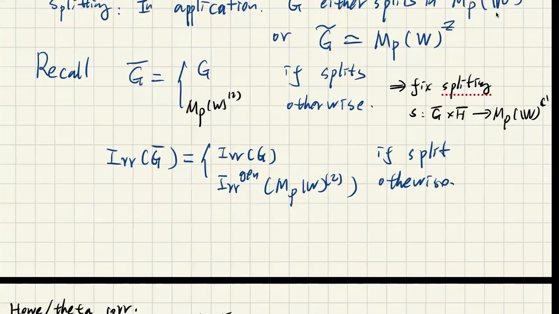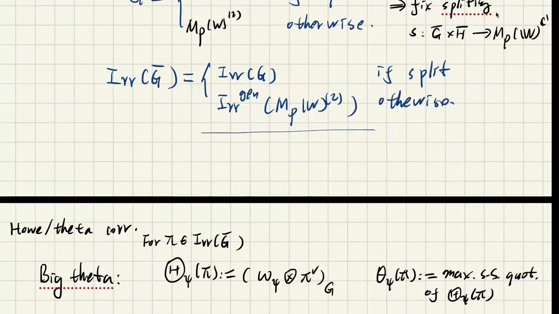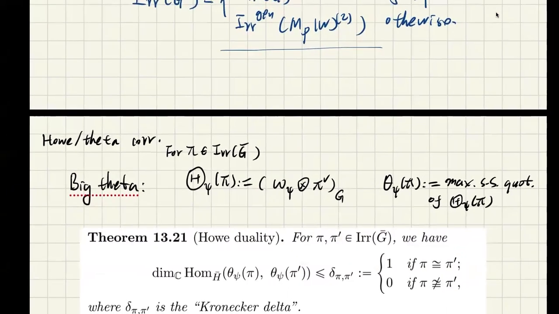So you consider this set, then you can reformulate the Howe conjecture by defining the big theta to be the Weil representation tensor pi check, for an irreducible representation of G bar.